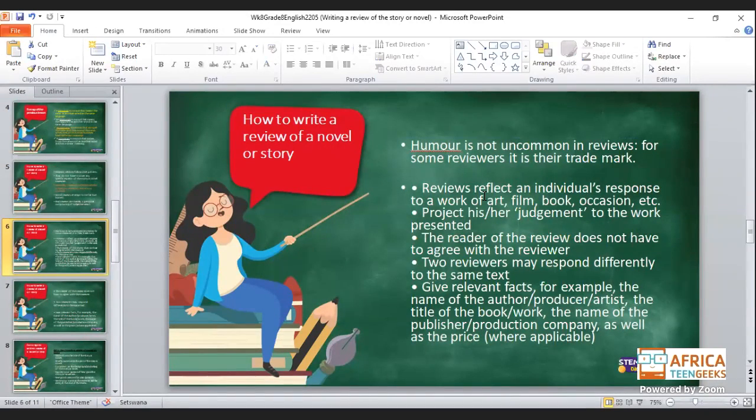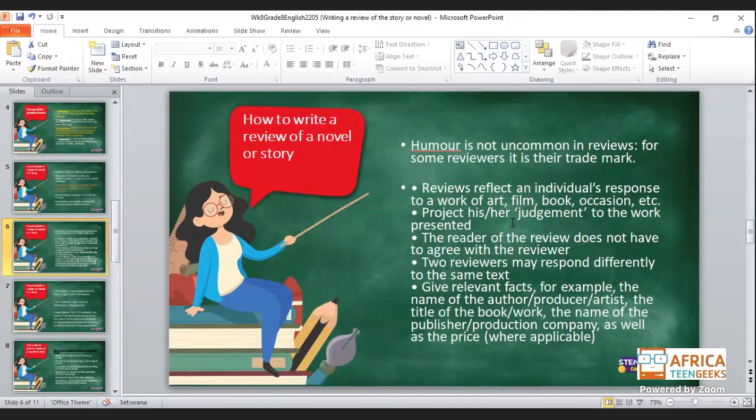So one thing also to remember is that reviews reflect your response as an individual to a work of art, a film, a book, or an occasion, etc. But remember that in our context here, our review will reflect our responses to a novel or a story. In a review, you will project your own judgment onto the work that is presented.